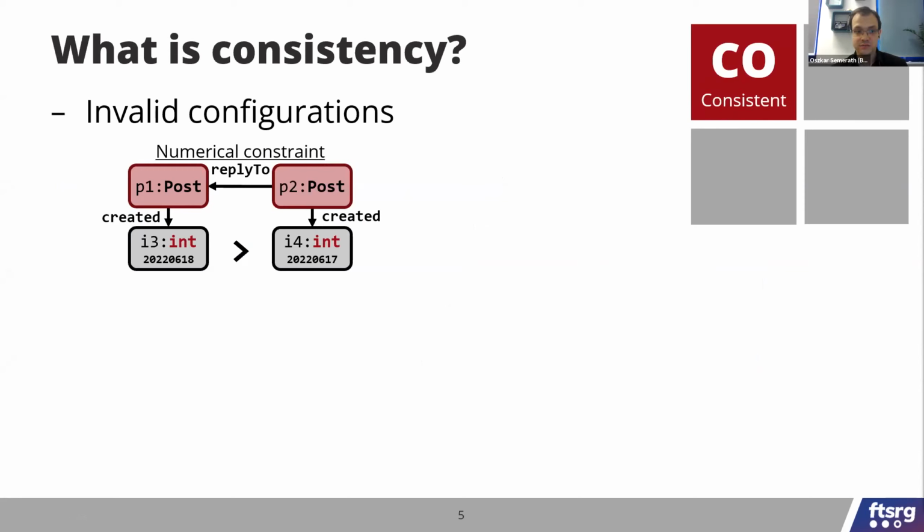To control the range of valid graphs, modeling environments are frequently extended with well-formed constraints. For example, in real models, the timestamp of the reply post must be greater than the original post to satisfy this consistency criterion.